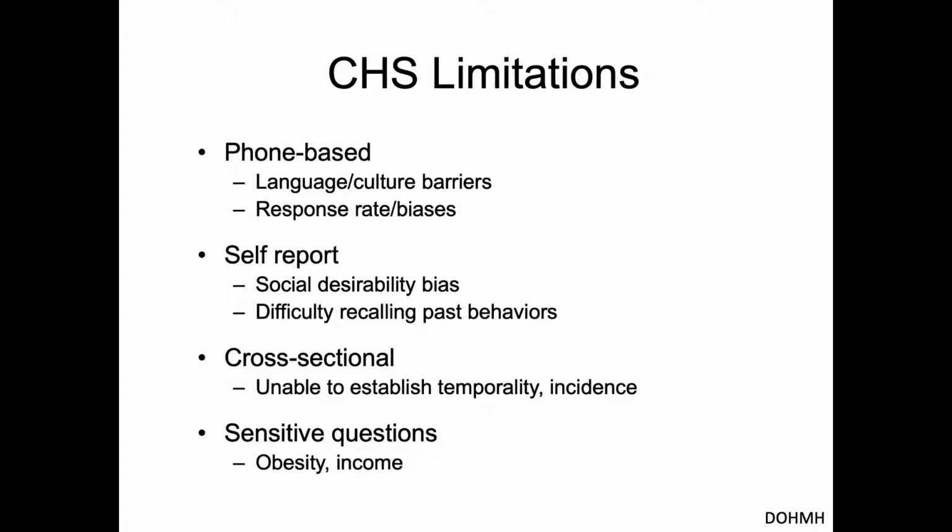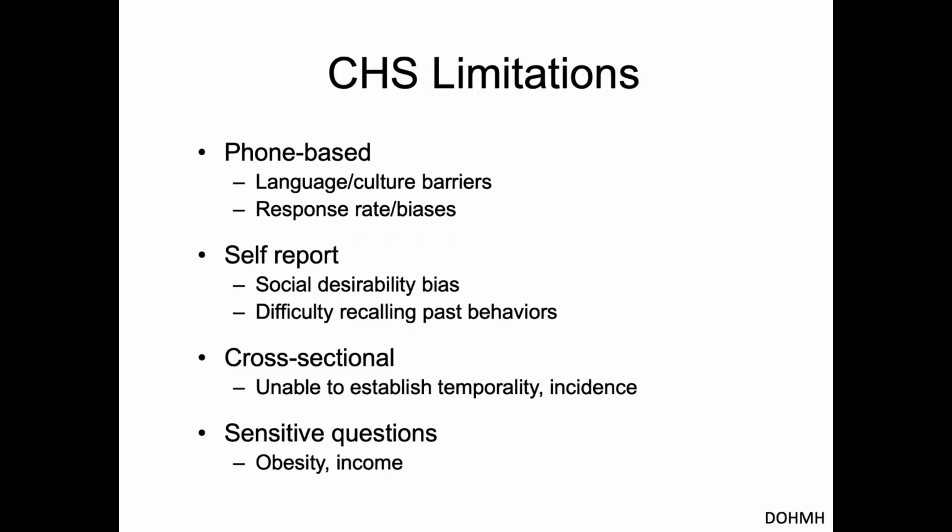So like obesity, for example, like I said, you may have skewed estimates from people overestimating their height and underestimating their weight. So we'll see maybe a lower prevalence of obesity than what there truly is. Things like income are also a sensitive question. So people with higher incomes may be less likely to report. So that may be another source of bias if you are looking at income as a variable of interest.